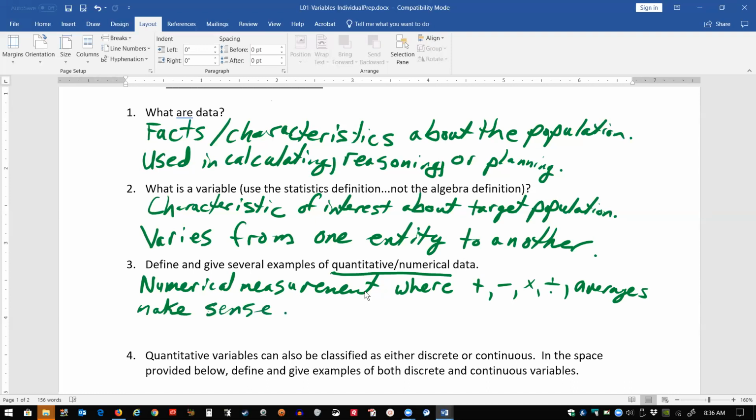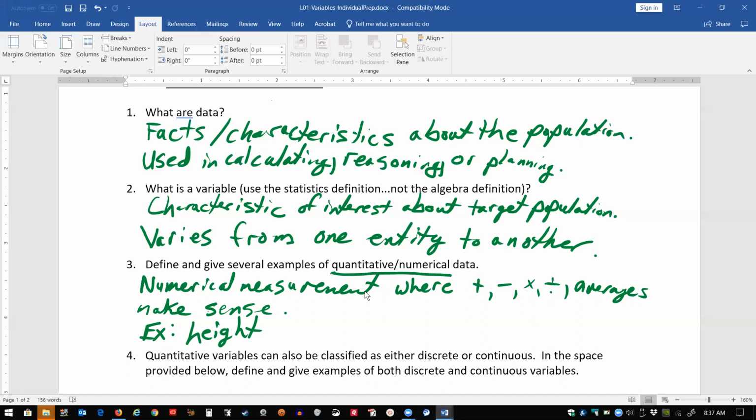So some examples of quantitative data would include what? What are some things that it makes sense to average? What's the type of data? Yes, I heard some of you over the ether say height, right? You can collect heights from a lot of different people, and then it does make sense to find an average height.